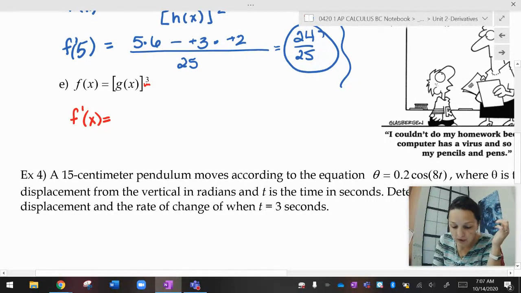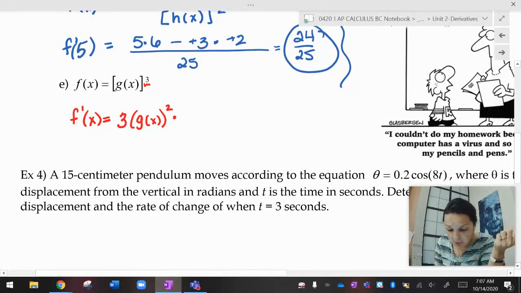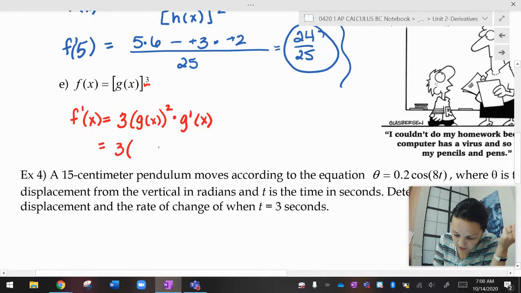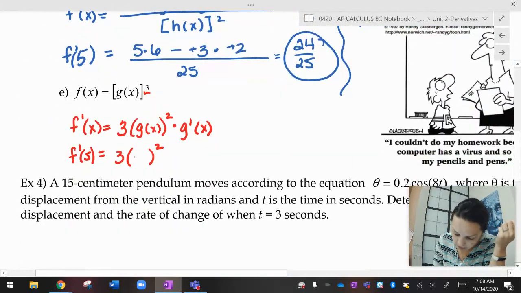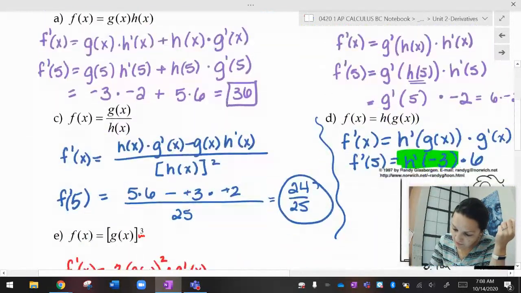Well, the derivative of the outside is the power rule. So I'm going to bring down the power, reduce it by 1, and then multiply by the derivative of the inside. Well, the derivative of g is g prime. So f prime of 5 would be 3 times g of 5 squared. I don't remember what that is. g of 5 is negative 3, squared, times g prime of 5, which is 6.